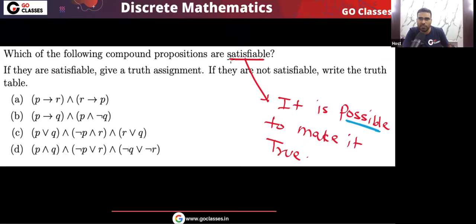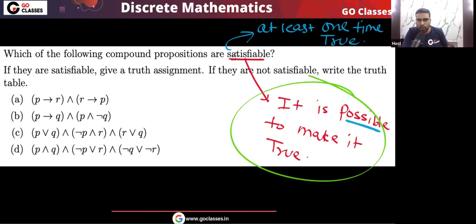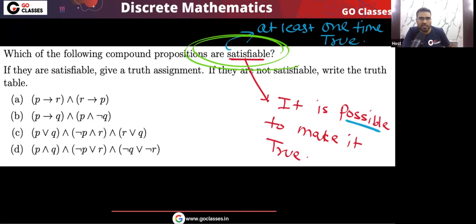Satisfiable means at least one time true; in at least one case, it is true. So, very simple, this is the definition of satisfiable. You can satisfy this. Okay, so let's solve option C.